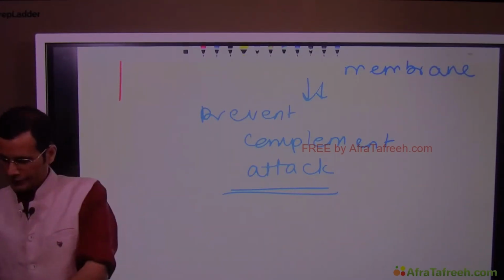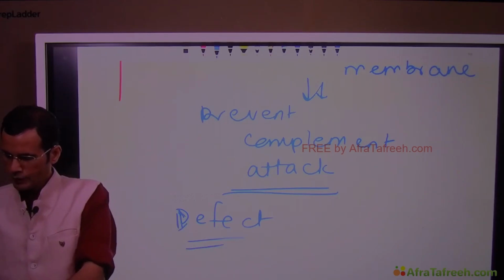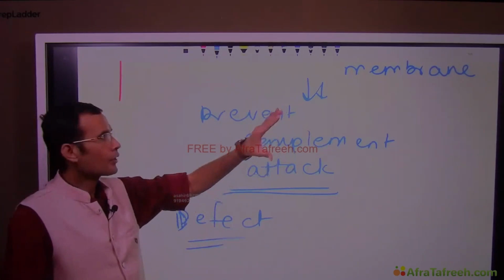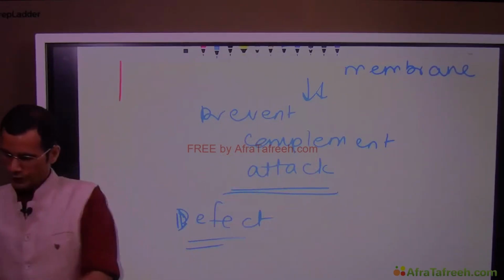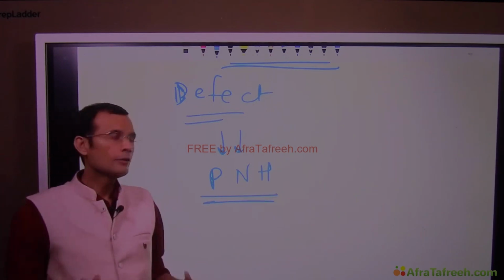And their defect, a genetic defect or such defect of these proteins, results in paroxysmal nocturnal hemoglobinuria. Why?